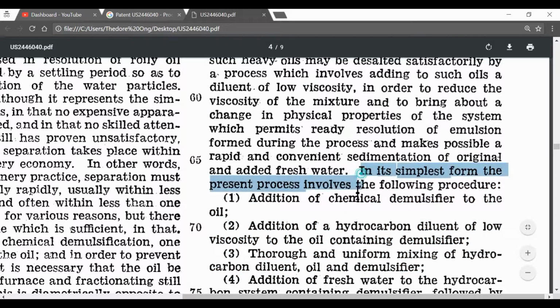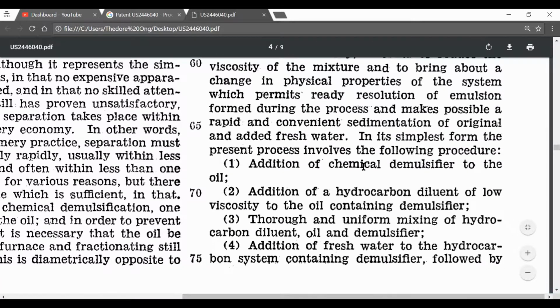So he outlines what the procedure is like. You add a chemical demulsifier, add the hydrocarbon diluent to reduce the viscosity, and so you have a thorough mixing of hydrocarbon diluent, oil and demulsifier, addition of water.